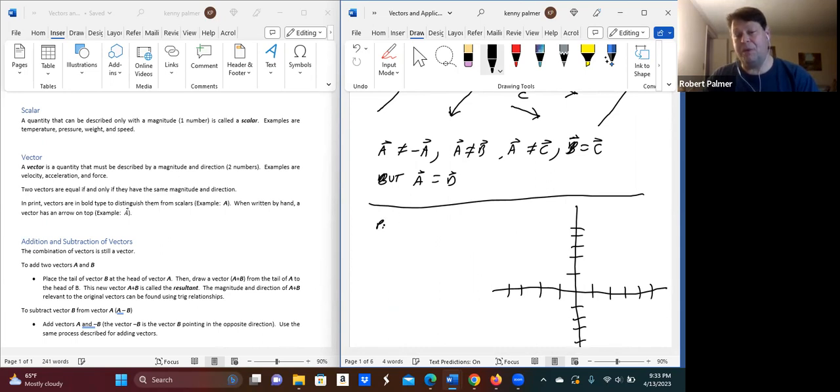Point 1 is just the origin, 0, 0. Point 2, let's say, is 2, 3. Point 3 is, let's say, how about -2, 0. And point 4 is -3, 1.